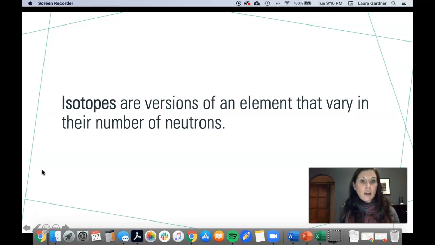If you've ever gotten a CT scan, you drink something that has an isotope of barium in it. Of course, isotopes are used in nuclear reactions where we have nuclear chemistry. You've probably heard of radioactive isotopes, and you might think of those as being dangerous. Some of them certainly can be, but some of them can also be very useful. So let's talk a little bit more about isotopes, how we name them, and how we calculate their relative abundance.